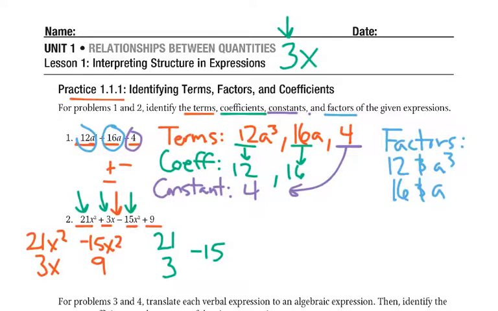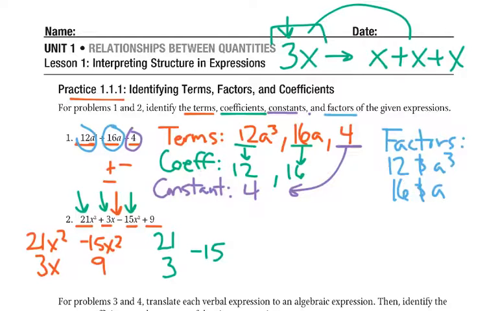Remember, repeated addition, the shortcut is multiplication. We think of 3x as really x plus x plus x. 3 x's added together give us 3 times x. Remember that with the coefficients.